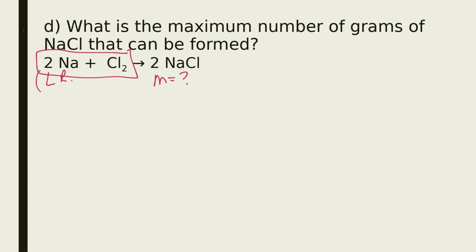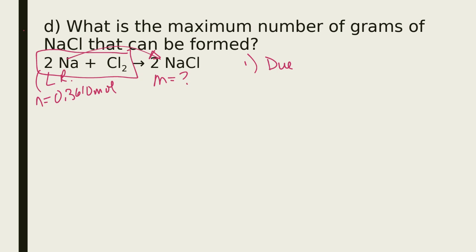So we figured out those moles available of sodium, so 0.3610 mole. This is what we're going to use, and then we're going to mole ratio over to our product and then determine how much we will obtain. So we'll set up a mole ratio between sodium and sodium chloride. And the nice thing here is that the coefficients are the same.